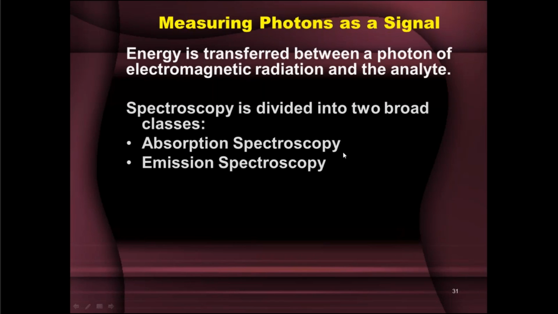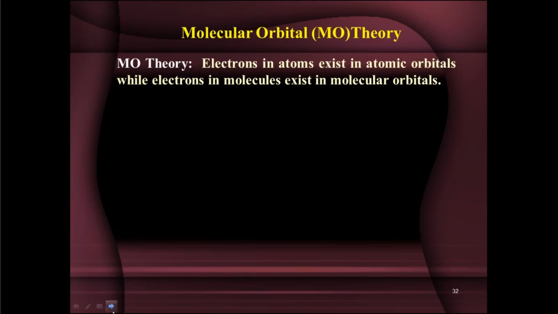Absorption spectroscopy deals with studying the absorption of a photon of energy by the analyte. Emission spectroscopy deals with the study of emission of energy in the form of photons from an analyte. So these two are different types of spectroscopic studies.